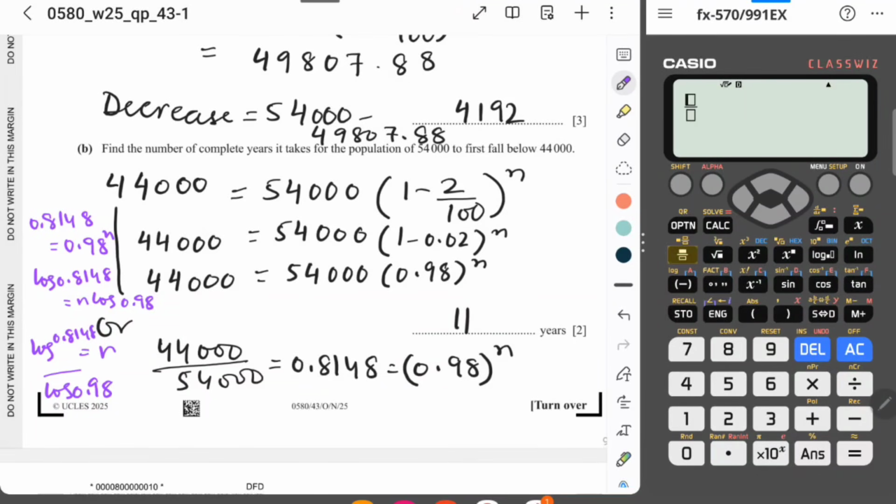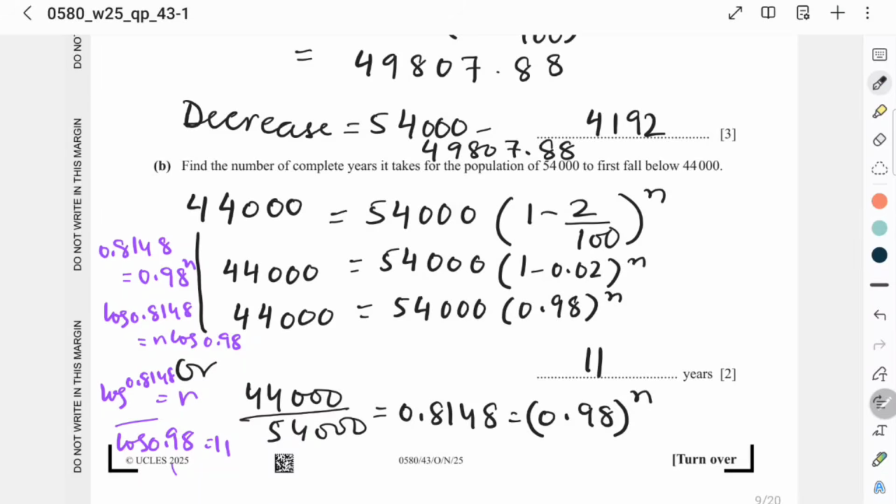You just take log base 10 of 0.8148, divided by log of 0.98. I've told this in the other paper also. So that's coming 10.137. It means more than 10. 10.1 means the complete year, more than 10, so 11 years is the answer with this method as well. Okay, move to the next question.